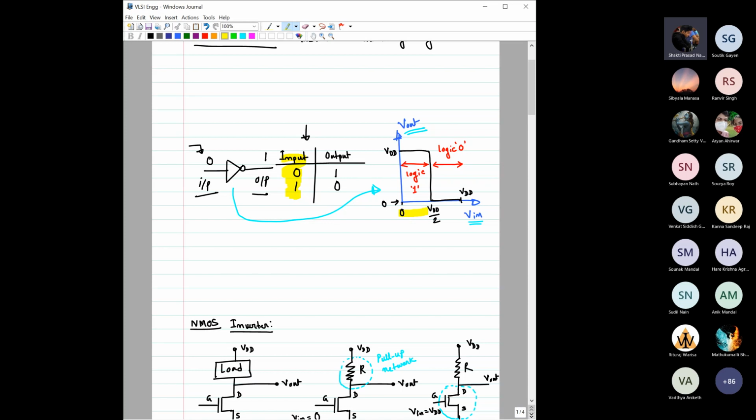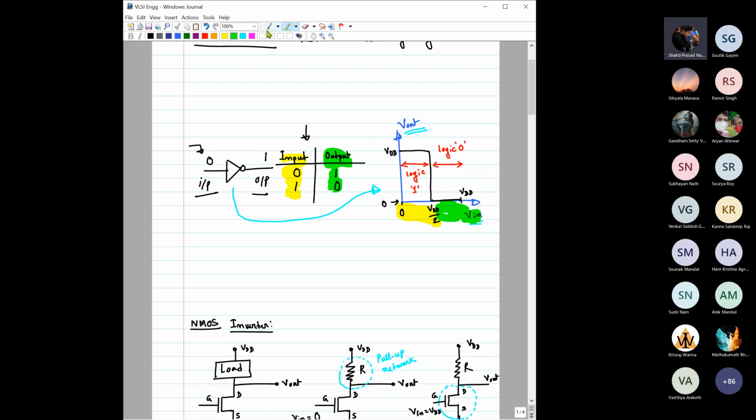Here we have defined that logic 0 for the input is for voltages from 0 to VDD by 2, and for the output we have defined it from VDD till V in. So it is basically a range of voltages, not a particular quantized voltage for the input side.